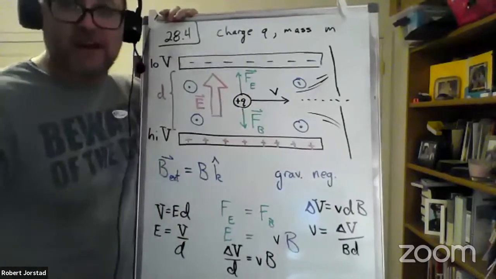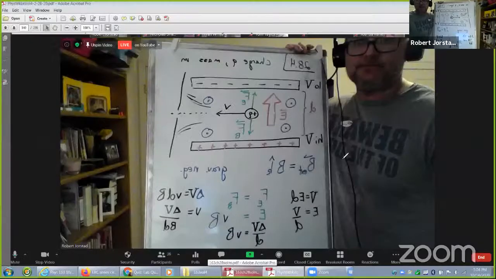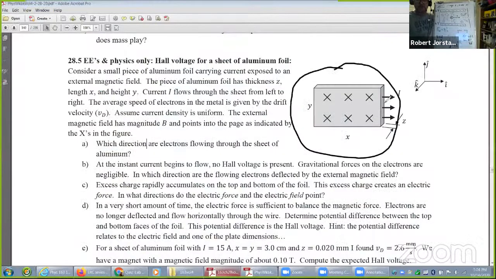When you use a piece of metal like this, and you run a known current through it, you could figure out the speed, and you could calibrate this, and this you could use to measure magnetic fields.